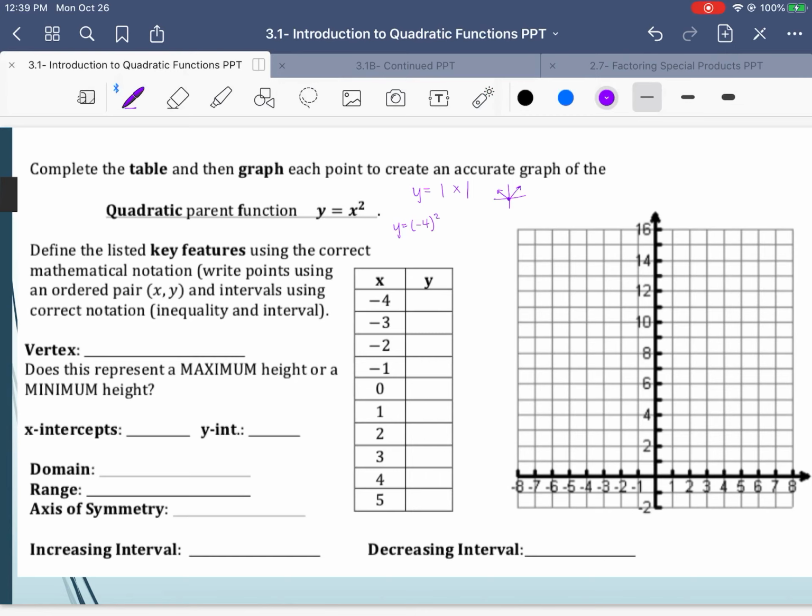But if I plug in these values, -4 squared is -4 times -4, that's a positive 16. -3 times -3, positive 9. -2 squared is a positive 4. -1 squared is just 1. 0 squared is 0. And then moving into my positive values, if I put a positive 1 in, that's 1. 2 squared is 4. 3 squared is 9. 4 squared is 16. And 5 squared is 25.